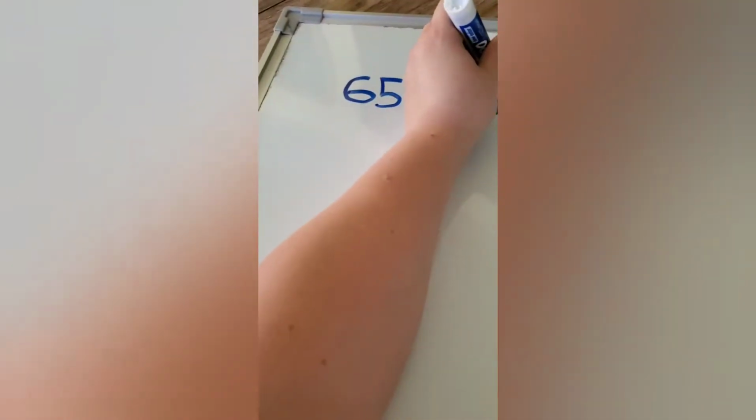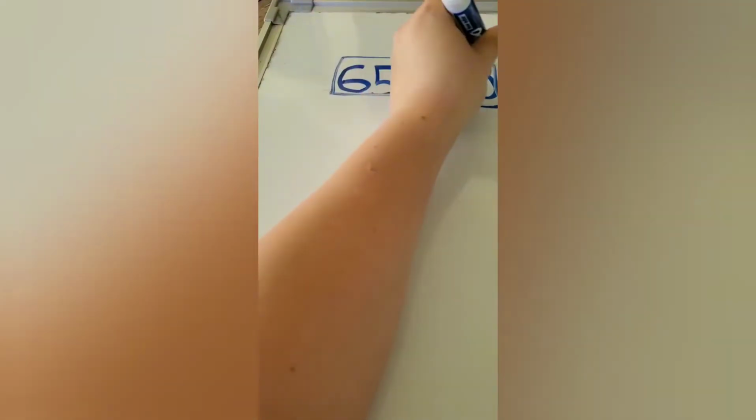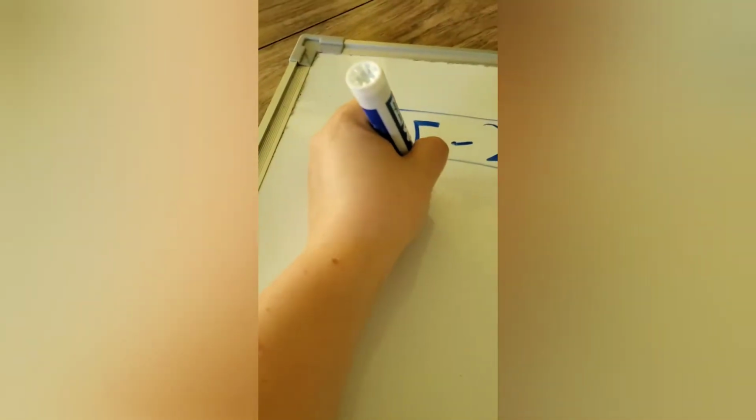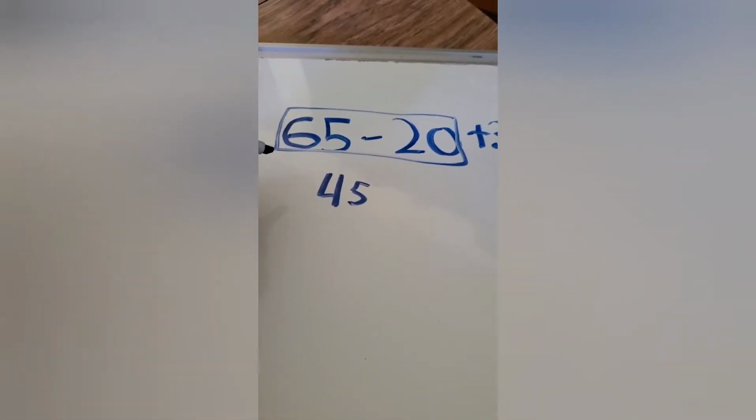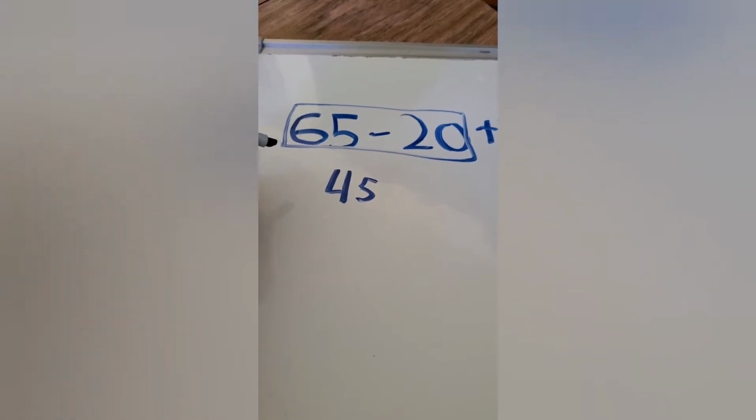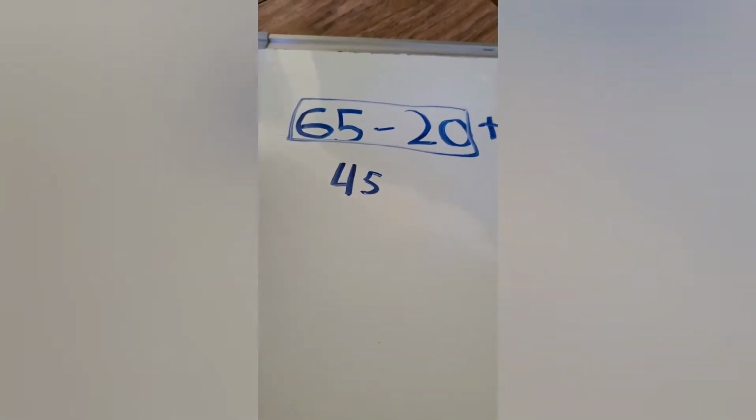So I'm going to square it up so that way we know 65 take away 20 is. So if I mentally solve it in my head, I know I have to take away 2 tens. So 65, 55, 45. So there it is, 45, okay? Hopefully you got that when you solved it mentally, and if you didn't solve it mentally, you use your 100s chart. Hopefully you got 45.